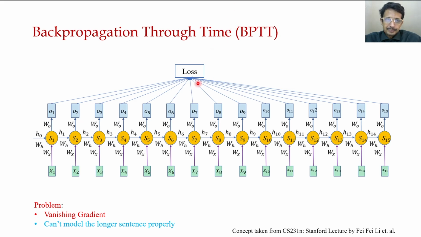As we see, if we extend our network, which hypothetically in our example had only 4 time instances or 4 nodes in the RNN, to 15, maybe 30, 50, even 100 and more, then it is a bigger network.